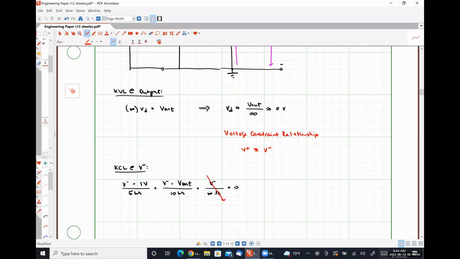This bit obviously just goes to 0 amps. We're dividing by infinity again.